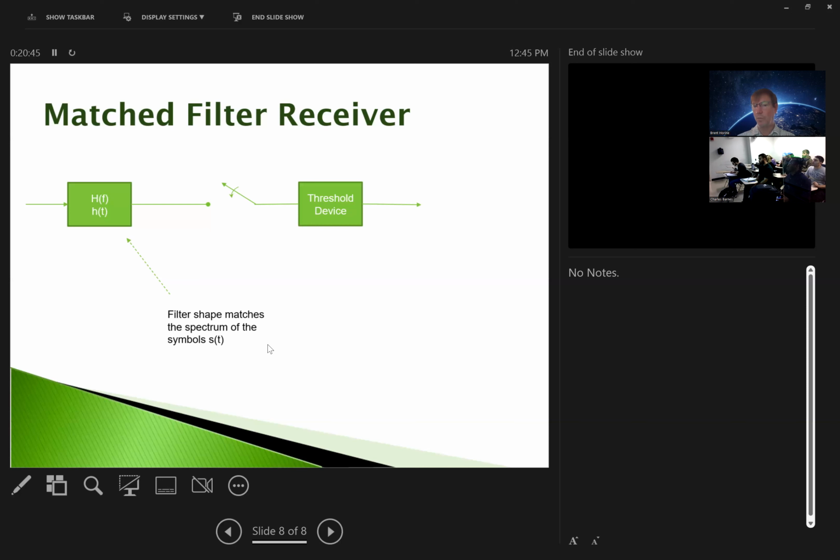To try to estimate what the right symbol was that was sent. So we're trying to maximize the signal, minimize the noise. That's essentially maximizing that signal to noise ratio. We can do that by shaping this filter so that it matches the spectrum of the signal, because we don't want to kill any of it. But everywhere else, it gets rid of noise energy. So that's a very hand-wavy way of looking at a matched filter receiver.